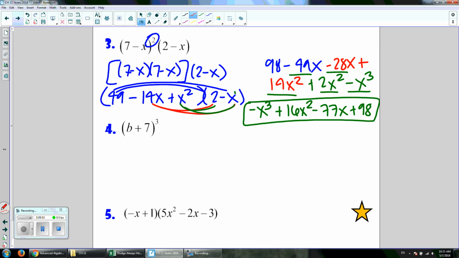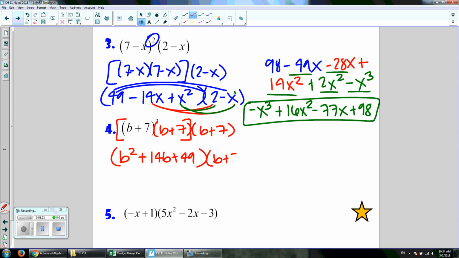All right, number 4, I've got b plus 7 quantity to the 3rd. That means there's 3 of these fun binomials. So we're going to have to do the first 2 first and then take that answer by the 3rd. So if I FOIL those, I'm going to get b squared plus 14b plus 49. And then times b plus 7.